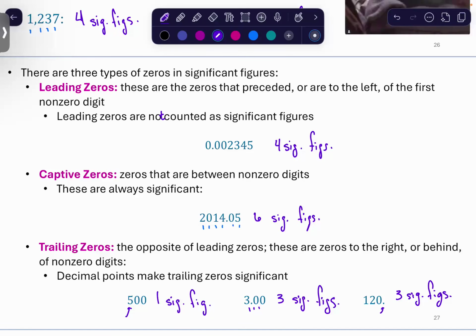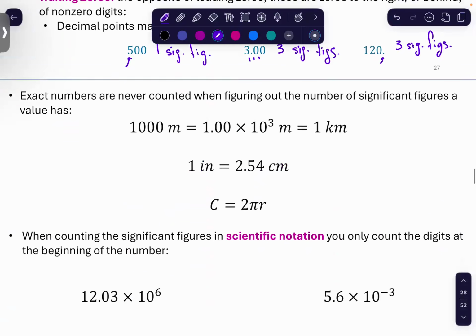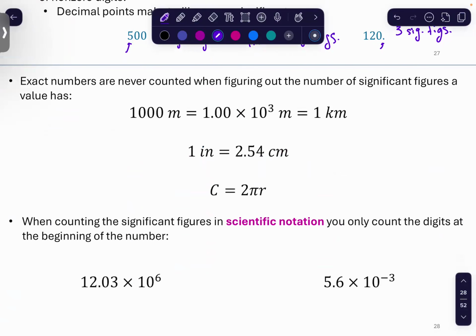All right, so when we start looking at calculations, we'll have to figure out how many significant figures an answer is going to have. One thing to keep in mind, exact numbers are never part of the consideration for significant figures. A lot of our exact numbers we use as conversion factors. So you see here, like 1 kilometer is 1.00 times 10 to the third meters, or 1,000 meters.